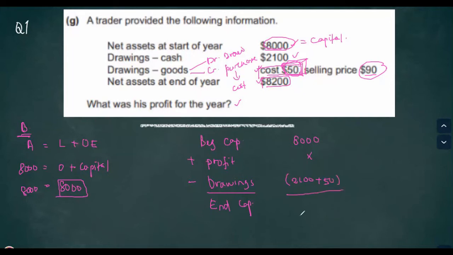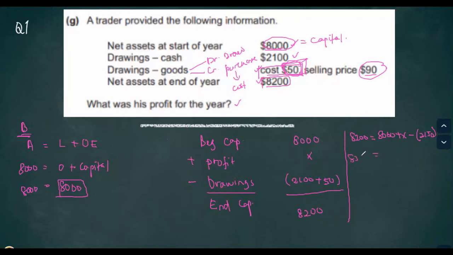Right. So what is the ending capital? Your ending capital has to be 8,200. Okay. So how do we find our X now? So X will be: 8,200 must equal 8,000 plus X minus 2,150.